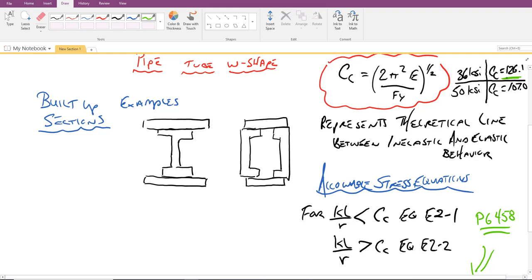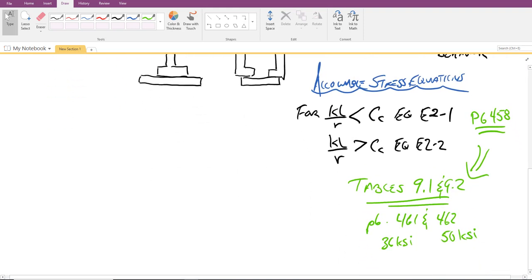Inside the table, any of these numbers of KL over R less than 126.1 utilize equation 2.1, and any of the values in the table that are greater than 126.1 utilize equation 2.2. So those equations are built right into the table, so there's actually nothing we have to do other than read the table to get our values. We're going to run an example here in a minute, and we'll show you how to utilize this table.